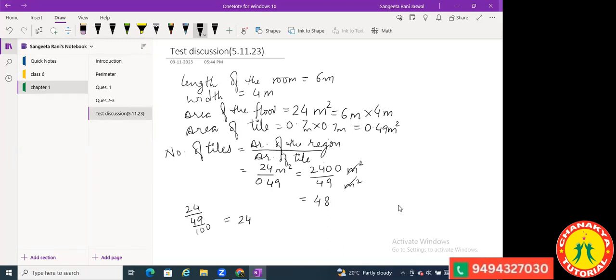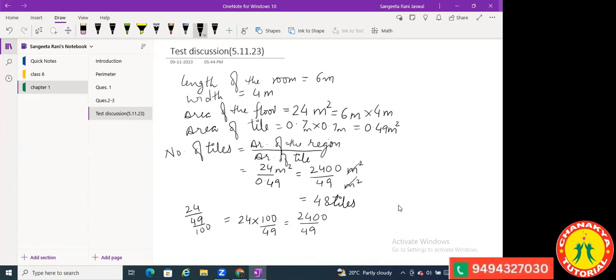If I have a fraction in the denominator part, this will become the reciprocal of it. Recall what you have studied in your previous classes, your junior classes, when you were studying about decimals. Yes, ma'am. Okay, so this is how I got. So the total number of tiles are 48 tiles.